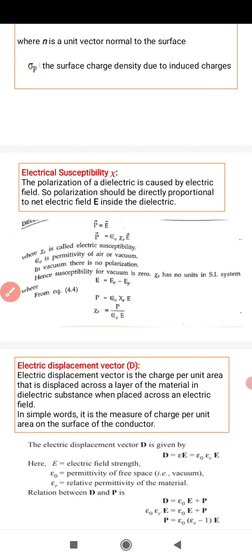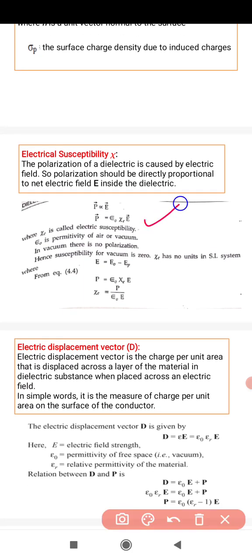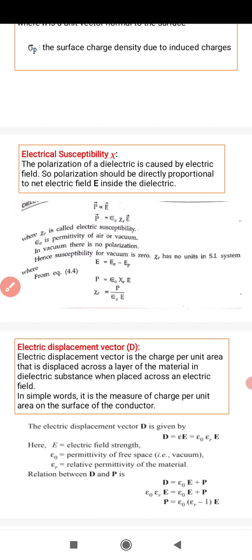The susceptibility of a vacuum is 0, since no polarization takes place in a vacuum. Chi as susceptibility has no units. There is no SI unit. It has a constant value.